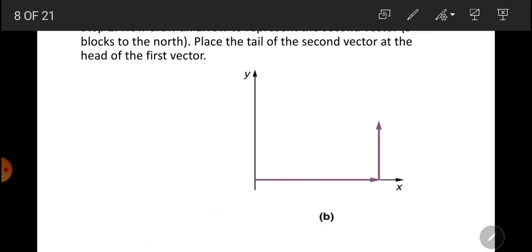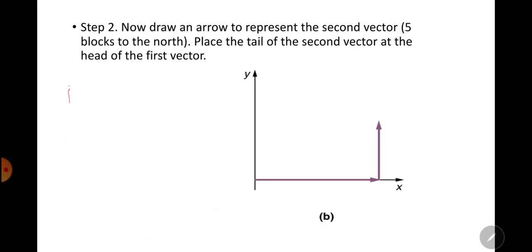For example, if you want to represent a vector symbolically, you have two methods. One, by writing in bold face italics.